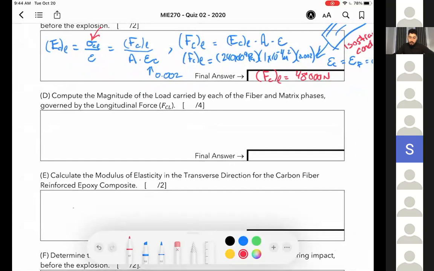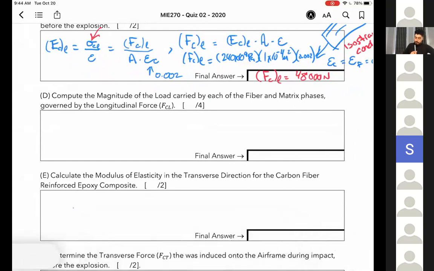Compute the magnitude of the load carried by each of the fiber and matrix phases governed by the longitudinal force. How do we do this? Somebody mentioned the equation earlier, actually. Force of the composite is equal to force of the matrix plus force of the fibers.